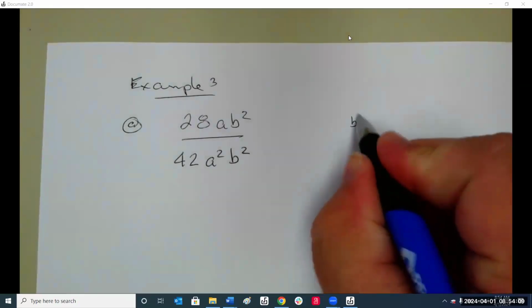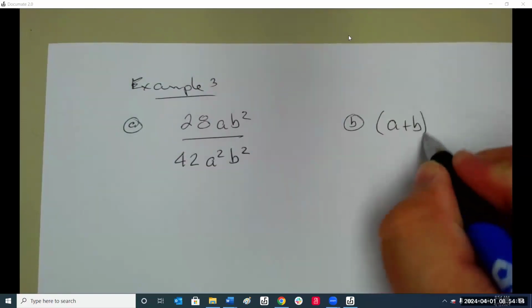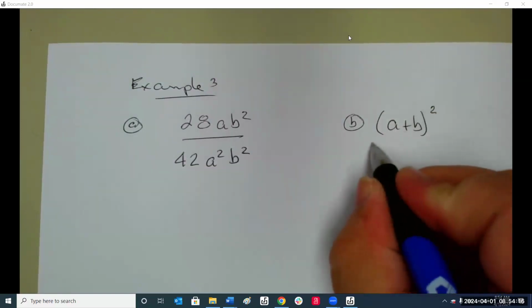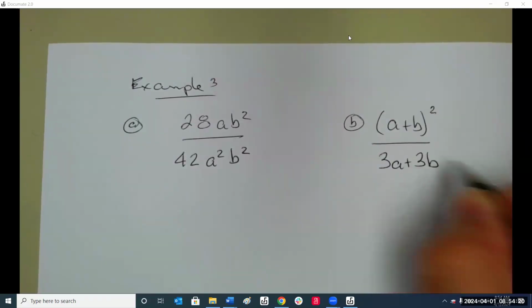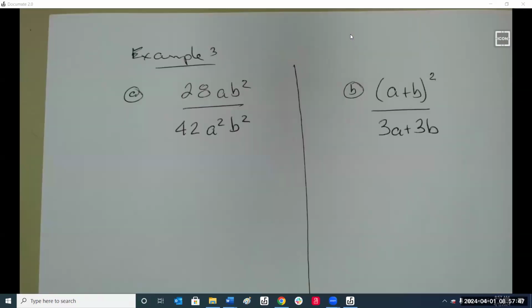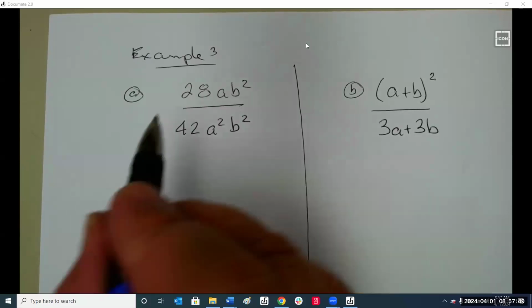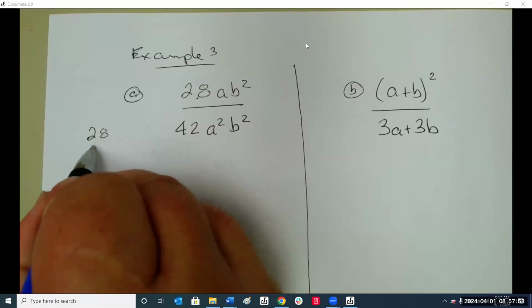So there's A and here's B. The first one, what the kids are going to have to do is break down 28.